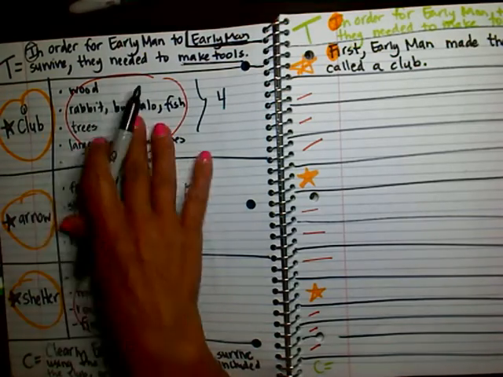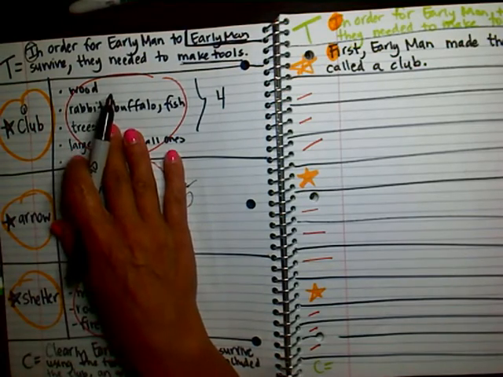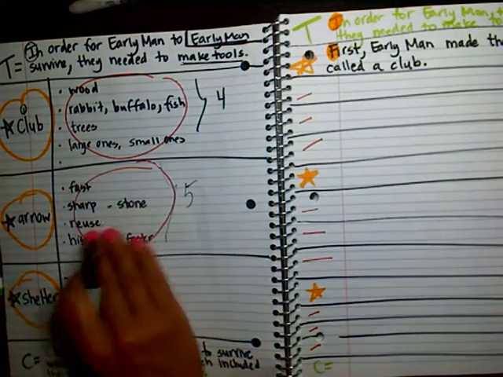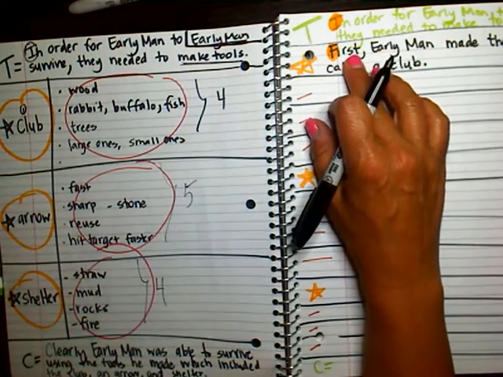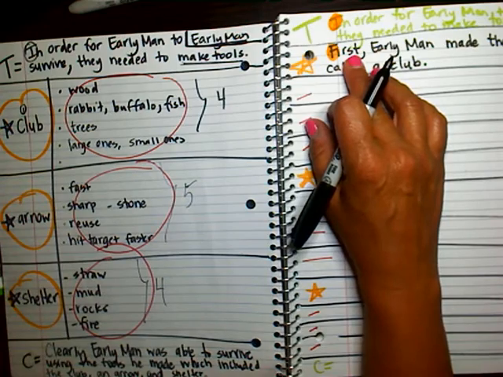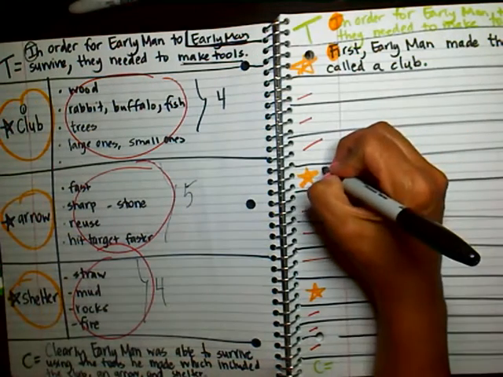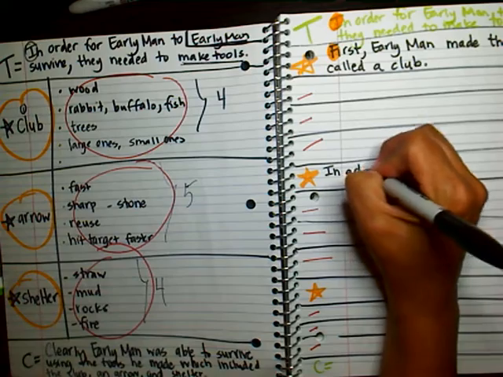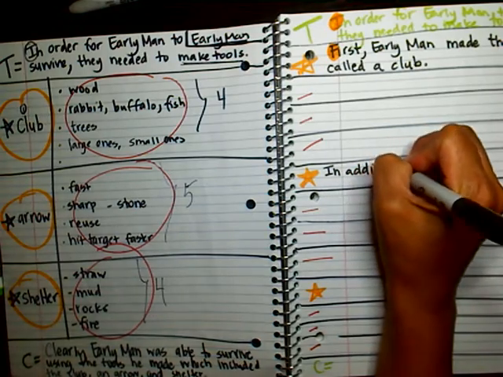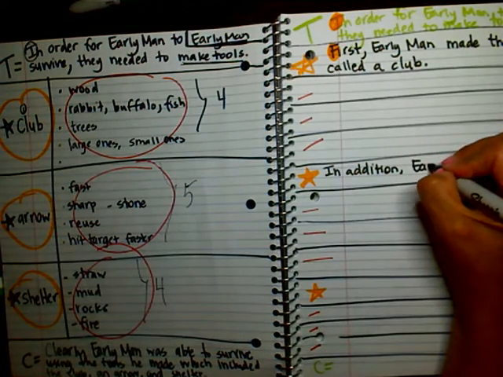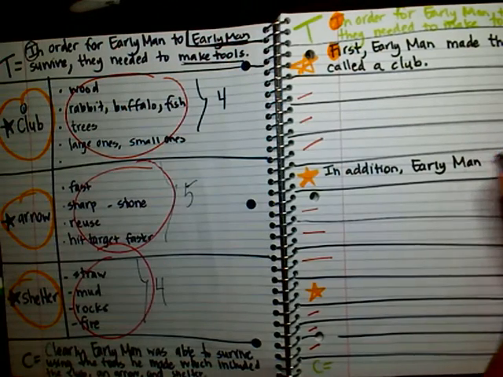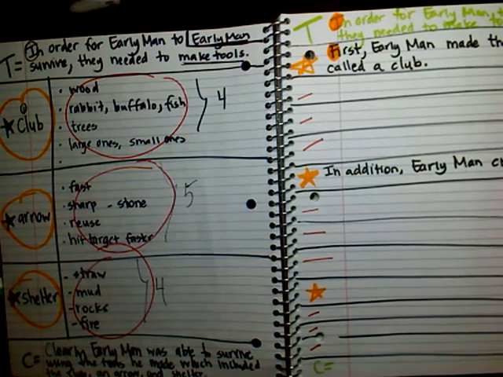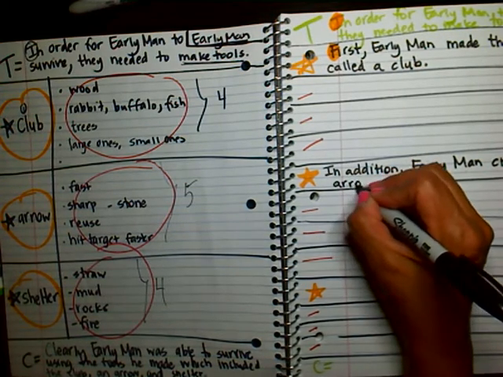Okay, I'm going to skip my reds right now because those are the details about the club, but then I'm going to go down to my next transition. And so I used first here, and then I'm going to say in addition. In addition, and I don't want to say they, okay, I'm going to say in addition, early man, going back up here, early man created the arrow.